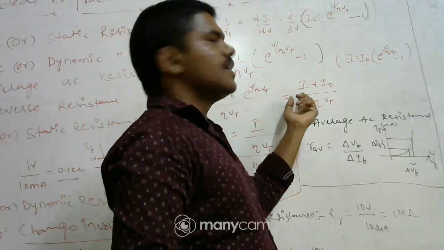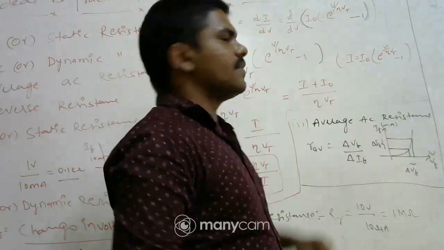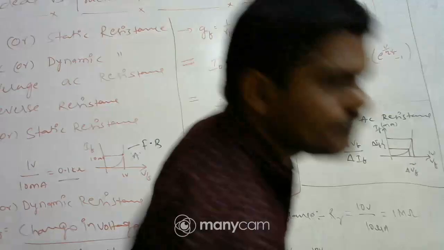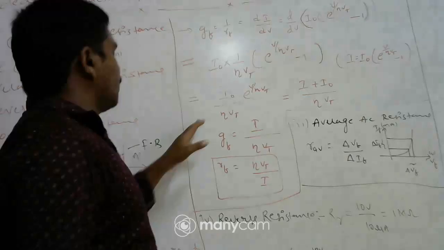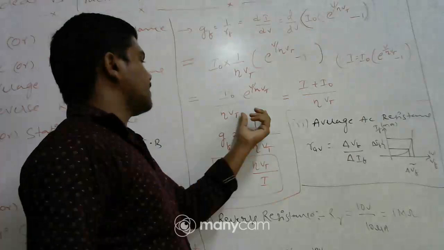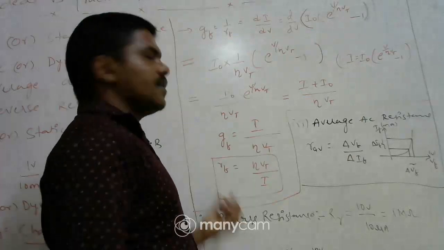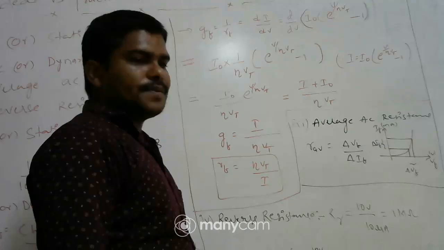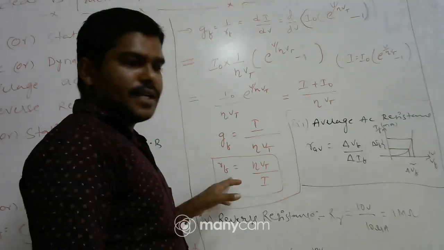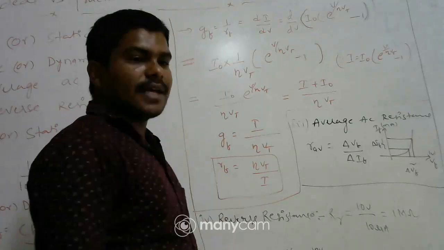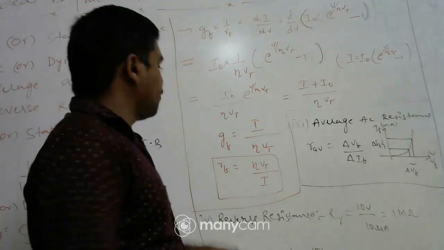So from this the conductance is I by neta Vt, and the forward dynamic resistance Rf is equal to neta Vt by I.